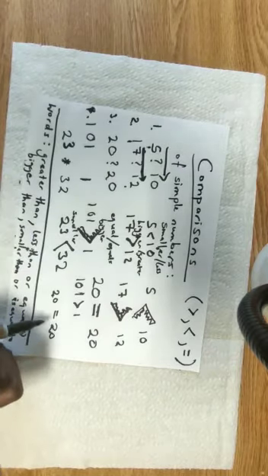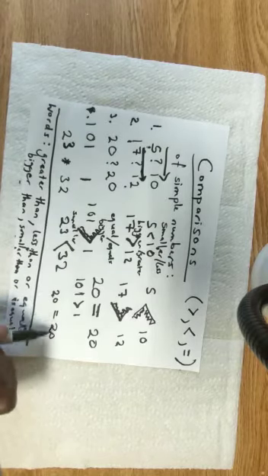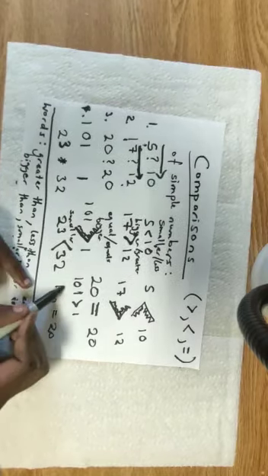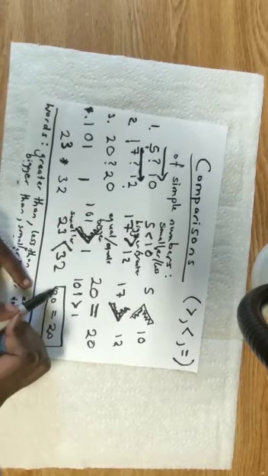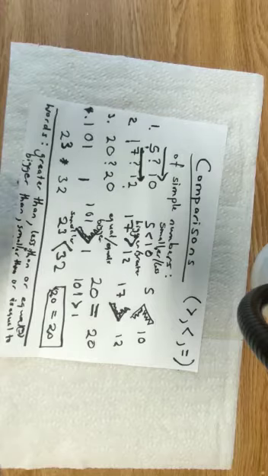So you won't say 20 is equals to 20. It's 20 equals 20, or 20 is equal to 20. That is just a side note of how you actually say how any number is equal to the other.